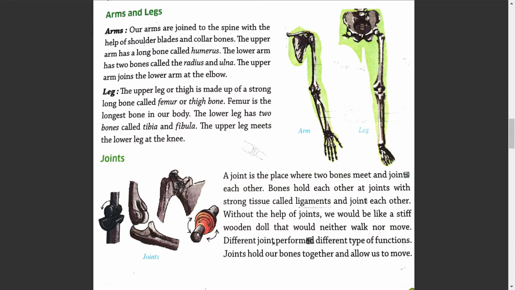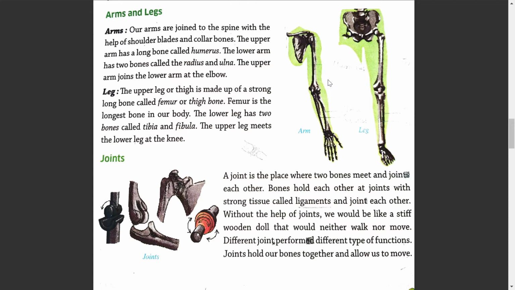Bones hold each other at joints with a strong tissue called ligaments. So one bone connects to another bone with elastic, strong tissue that is known as ligament.